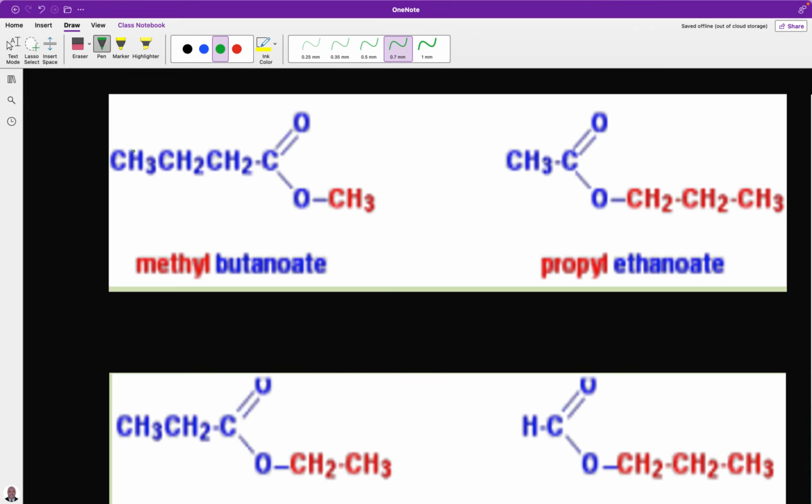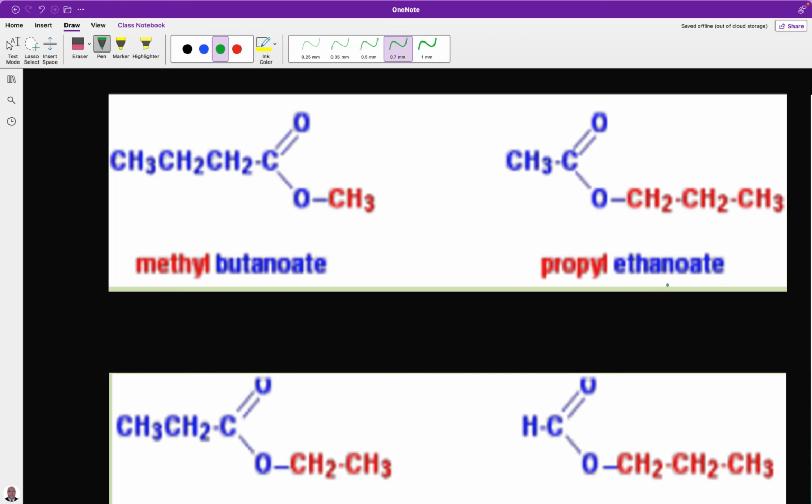Then the second part is provided by the acid, and which acid is that? 1, 2, 3, 4, it is butanoic acid. In that case, the first part of the name, which is provided from the alcohol, is methyl. Then the second part, since it is from a 4 carbon group, we call butanoate. And we now say the name of the ester is methyl butanoate.